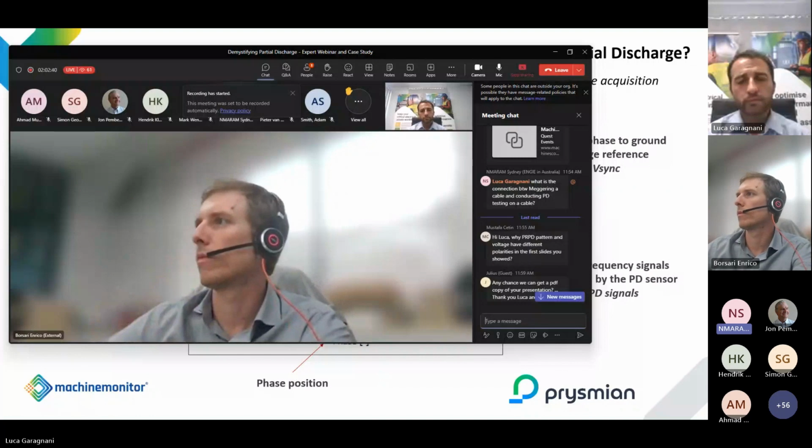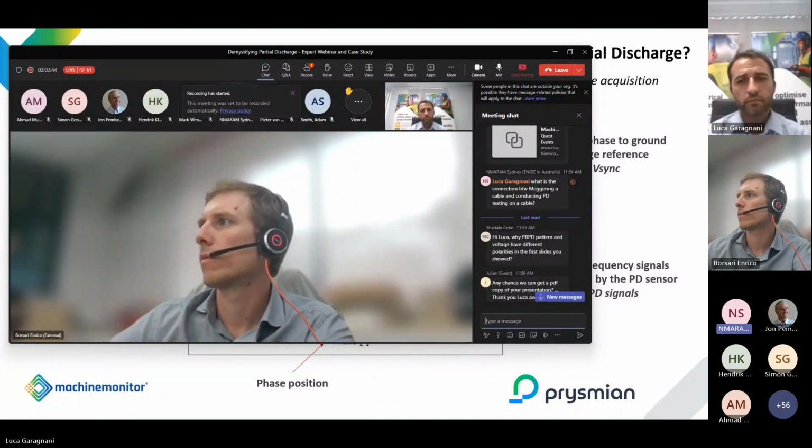My question is, we sometimes measure these cables when we finish a routine job, and there's no commissioning test in terms of PD discharge. So I just want to know what the connection is, measuring and doing a PD test. What do you reckon? What's your recommendation?